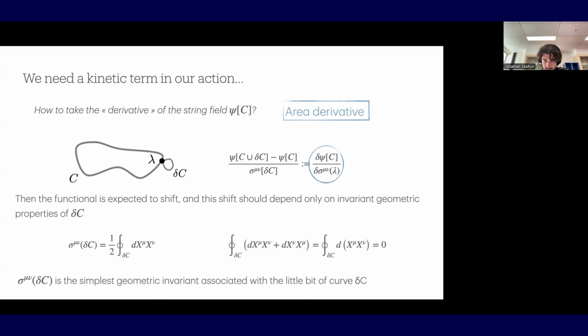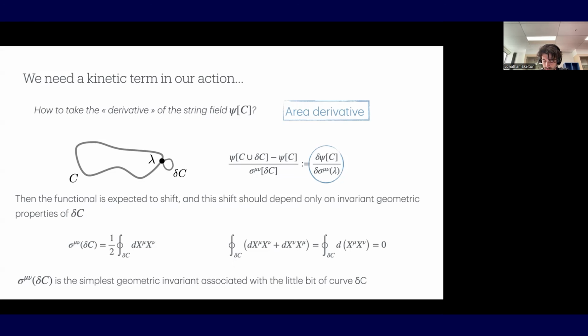And you need to take the difference of this functional evaluated on this extended curve, so the union of C and delta C, minus the original functional on C, divided by what is called the area, which is the simplest geometrical invariant associated with this little bit of curve delta C. And this is really how they define the area derivative of a functional with respect to the area.